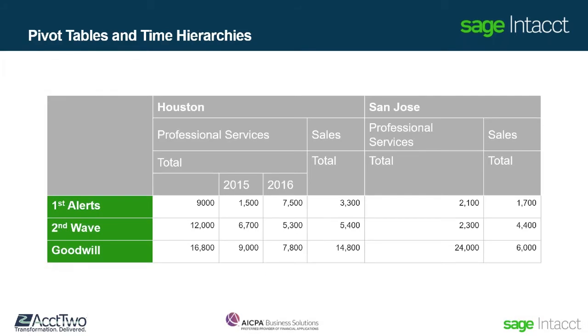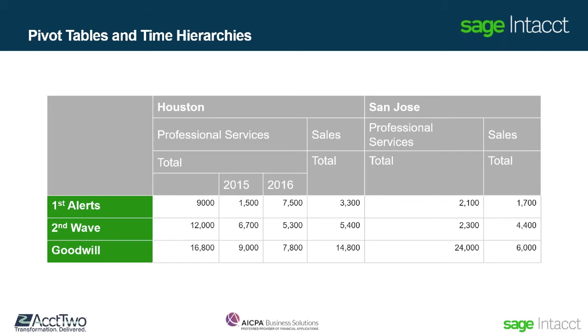The last one here is pivot tables and time hierarchies. And you're going to see basically this report pretty much duplicated in my demonstration in just a few minutes. I picked Houston specifically for AcctTwo because I know that's where a lot of folks are based out of, so this is a hometown report for you guys.